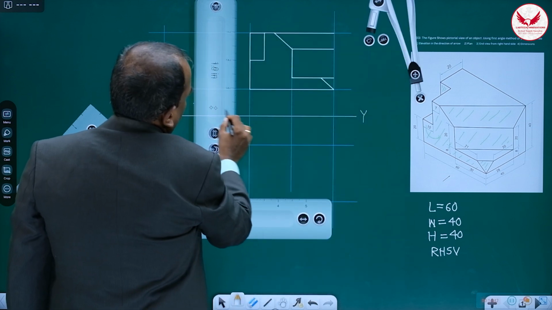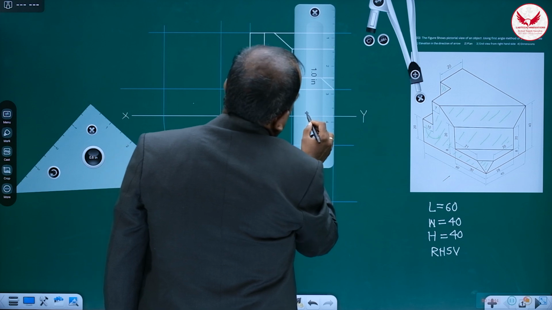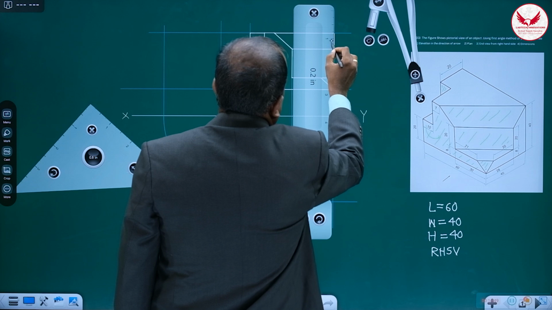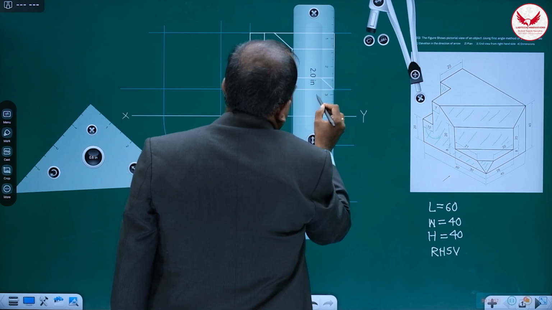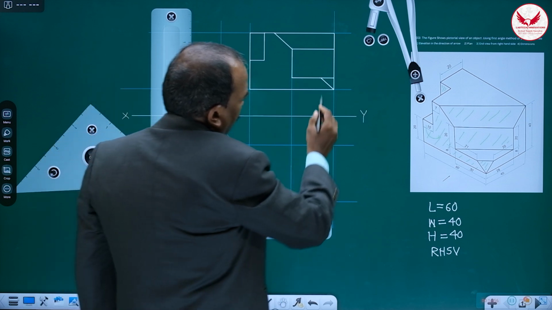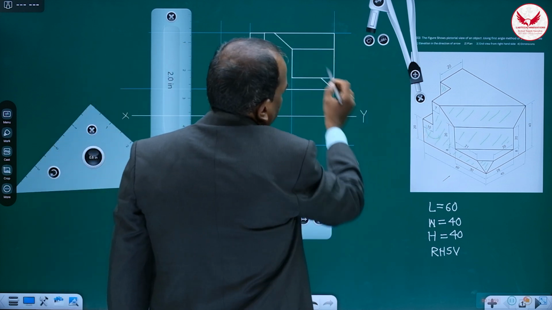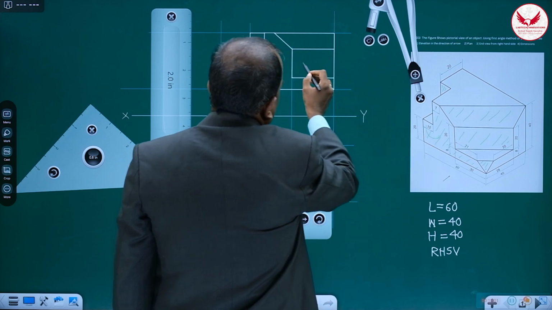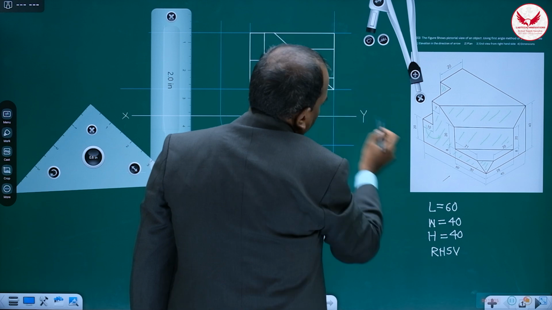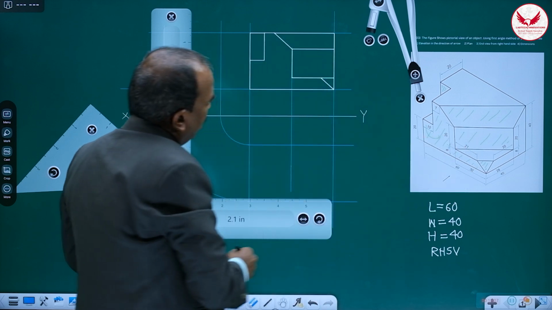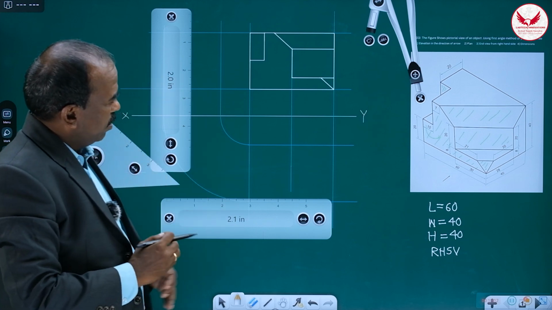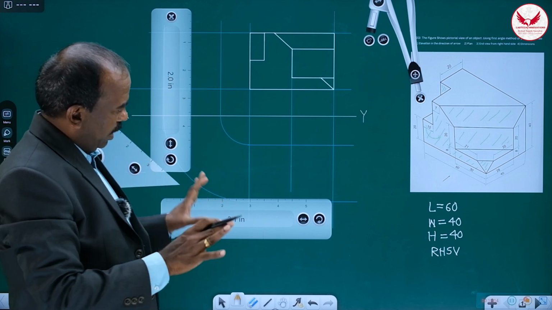And on the right hand side, mark this vertical completely. Now you will find this upper portion is related with this. The next portion is related with this, which has 21 mm height, and this 8 mm height. This triangle from this side you will find like this. So this is the front view of this object, and everything is visible.